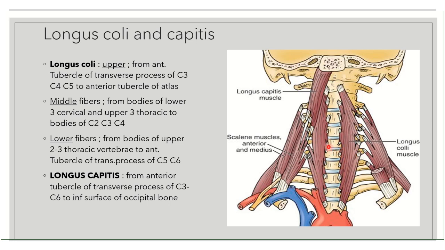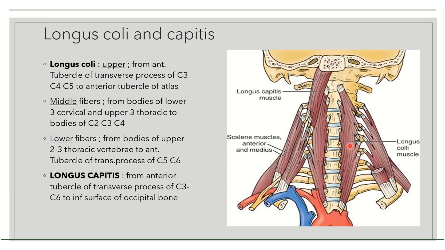This one is the C5 and this is C6 of the cervical vertebra, and these are the transverse processes of these vertebra. The lower oblique fibers get attached to the anterior tubercle of C5 and C6 cervical vertebra. So this is all about the longus colli.